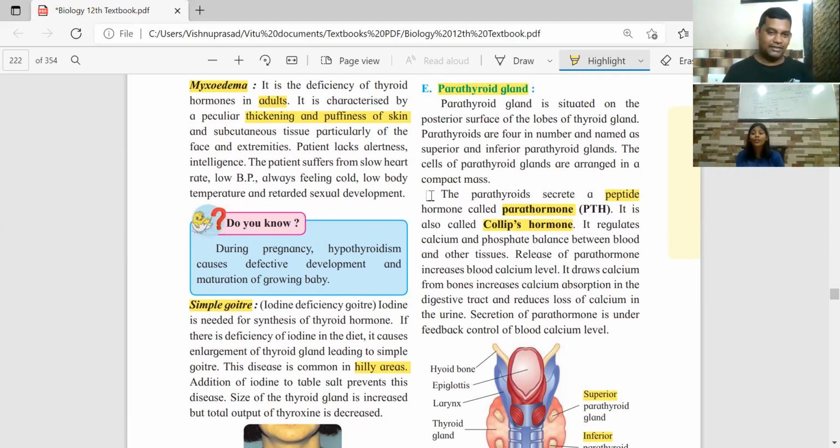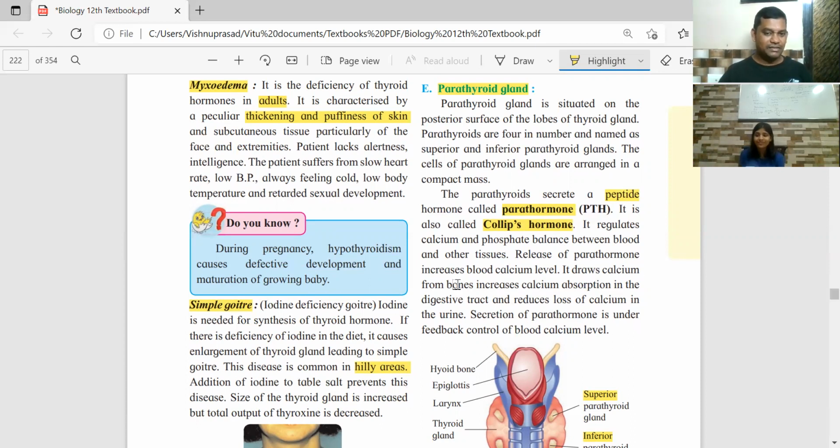The parathormone is opposite. If there is a low concentration of calcium in the blood and the blood requires it, Collip's hormone will be stimulated, which will stimulate the bone to break down and release calcium into the blood.